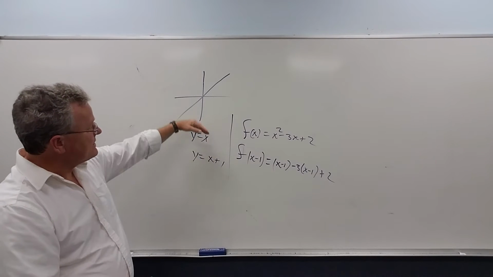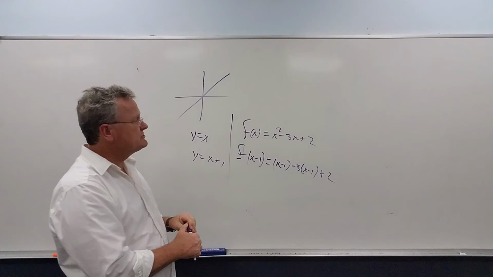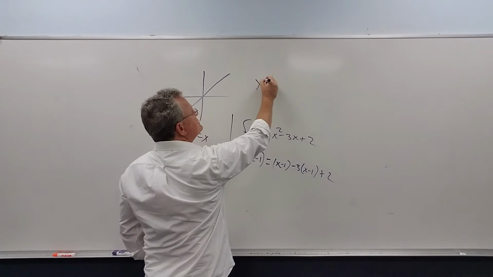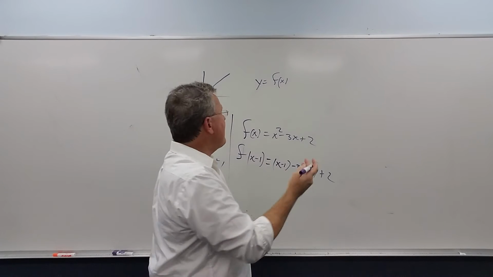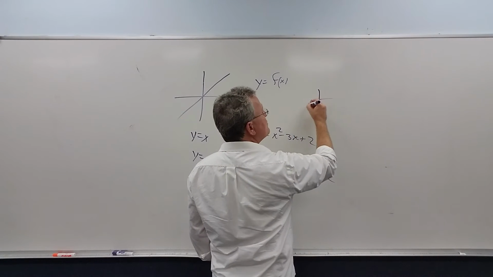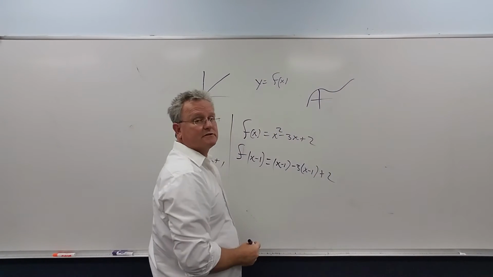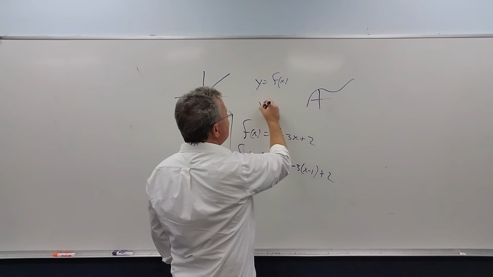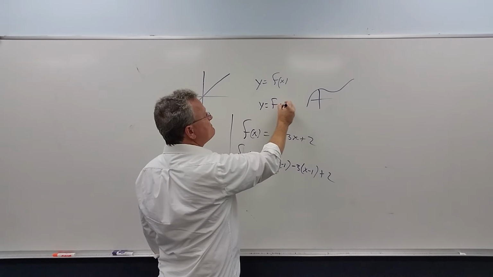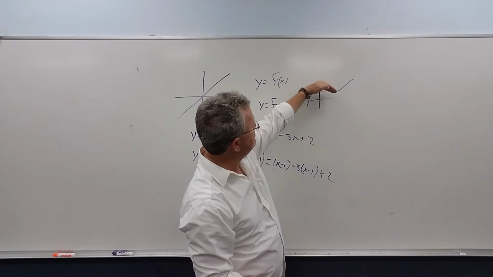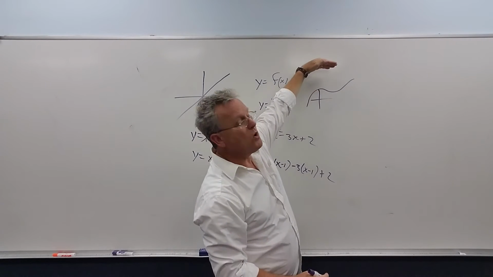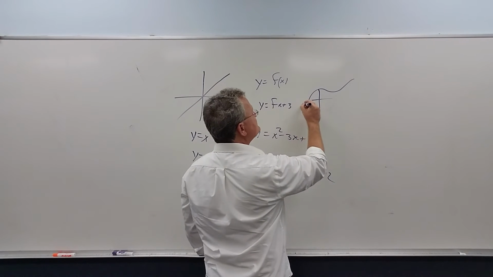This explains how it moves up and down. If we had y equals f of x, and that could be any graph at all, it doesn't matter what the graph is, let's say it's this. If I graph y equals f of x plus 3, it's just going to take this graph of f of x and move the whole thing up 3 places.